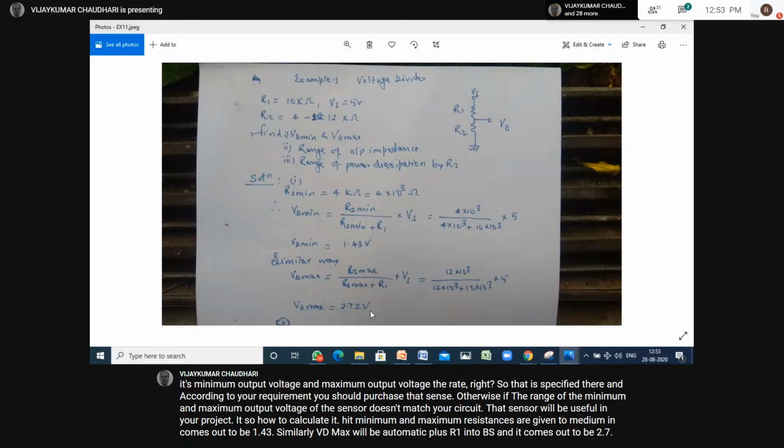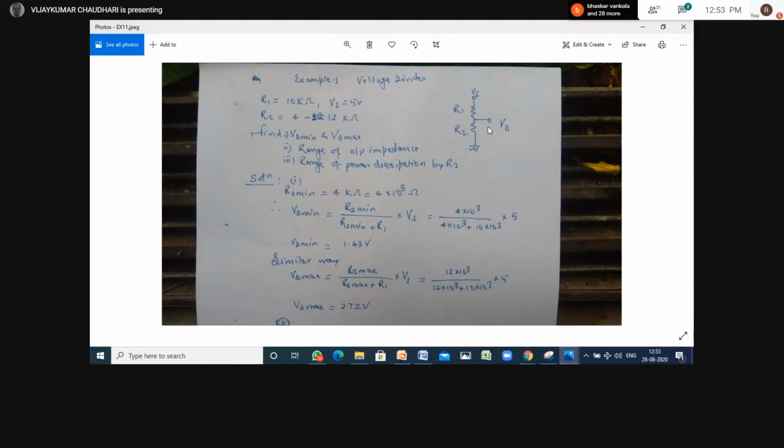Okay, this you have to give to microcontrollers or ADC, something like that. Then you have to again use amplifiers or attenuators and some other circuits. So the range of output voltage of the sensor for the given variation from 4K to 12K of R2 sensor resistance is 1.43 to 2.72 if a voltage divider circuit is used.